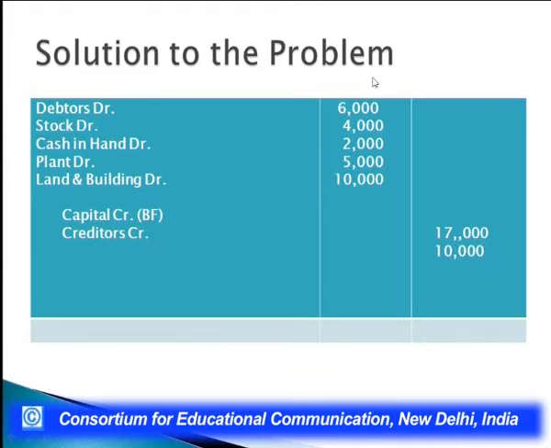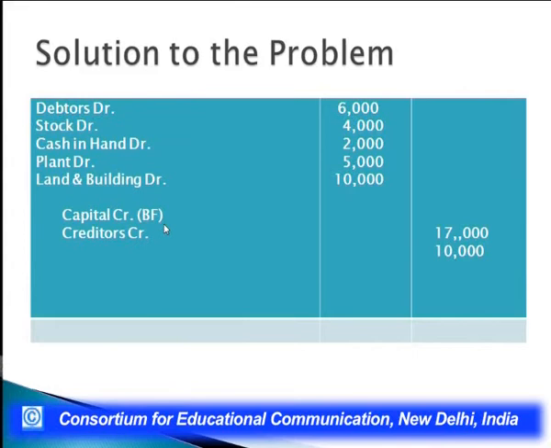So if you make a total of the debit side, 10 plus 5, 15 plus 2, 17 plus 4, 21 plus 6, coming out to be 27. So the total of my debit value is 27, whereas the total of my credit side of the given items is 10,000. The difference is 17,000, and that would be capital as the balancing figure.